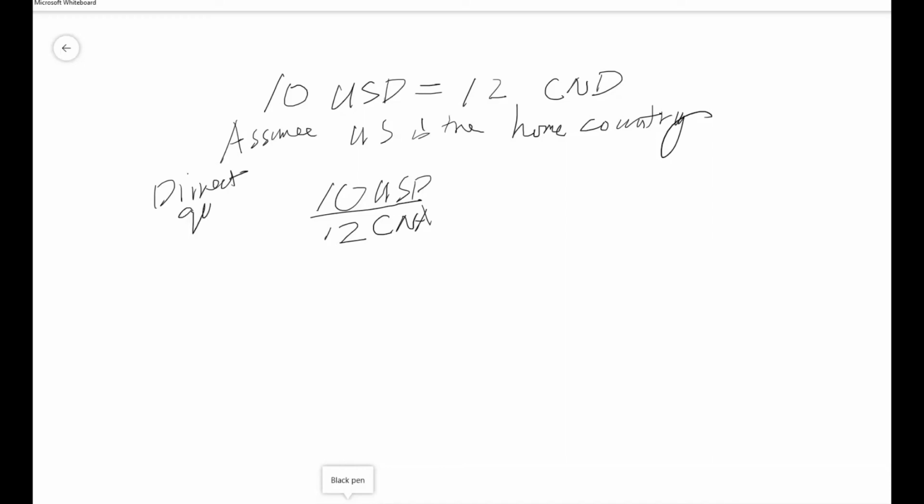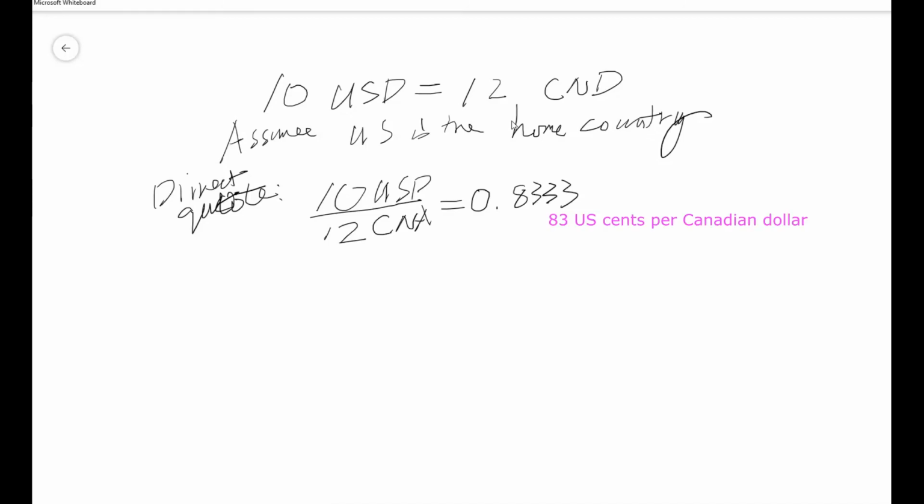The final result will be 0.833. This we call the direct quote. Both sides divide by 12 Canadian. The final result will be 0.833, so it's like 0.83 US dollar per Canadian dollar. The indirect quote should be the inverse of this.